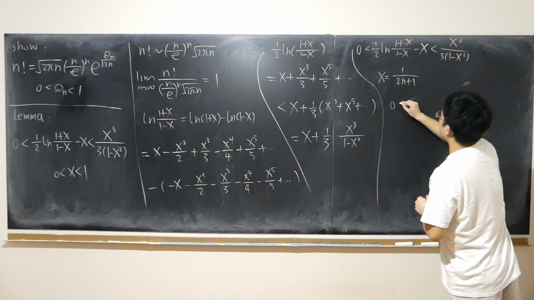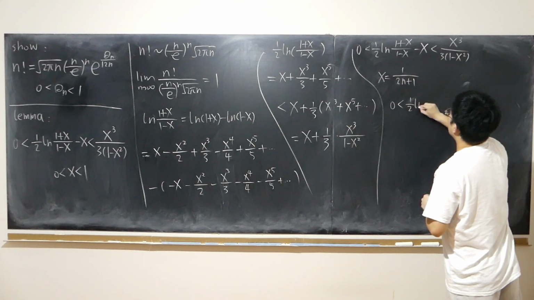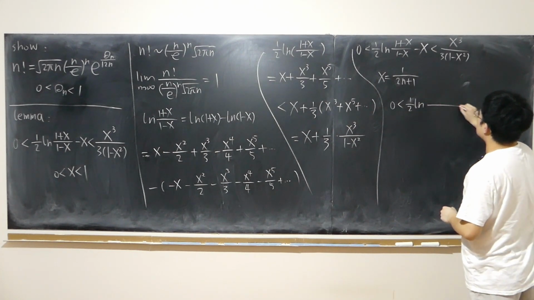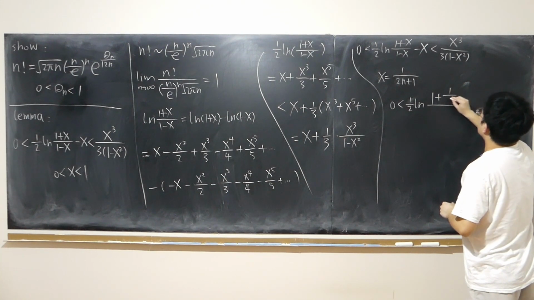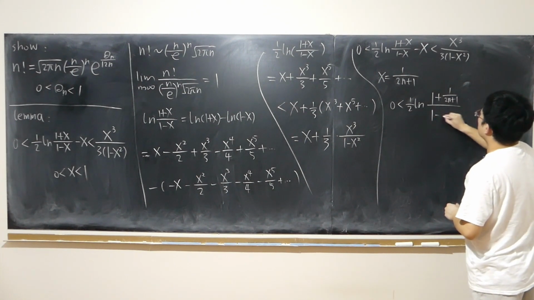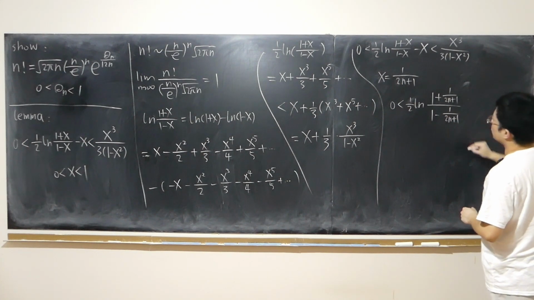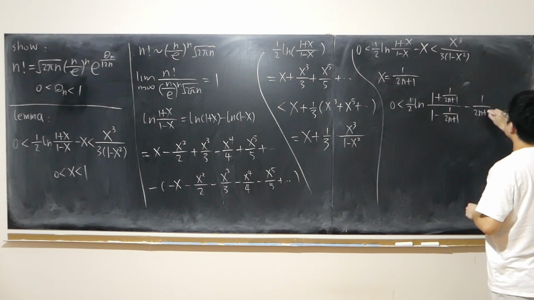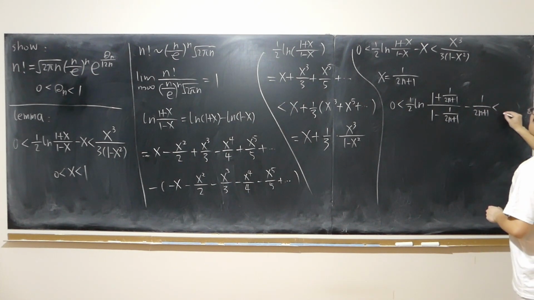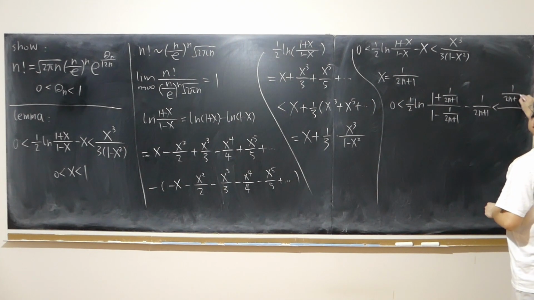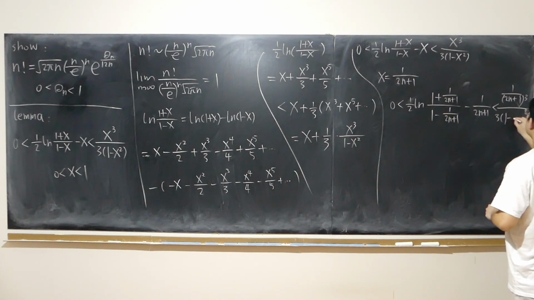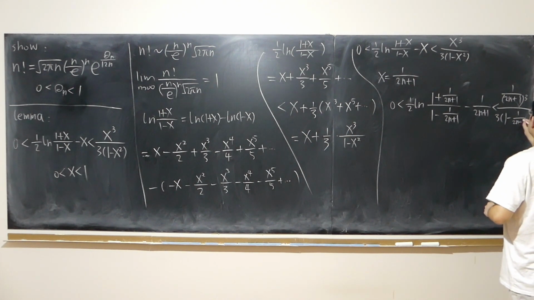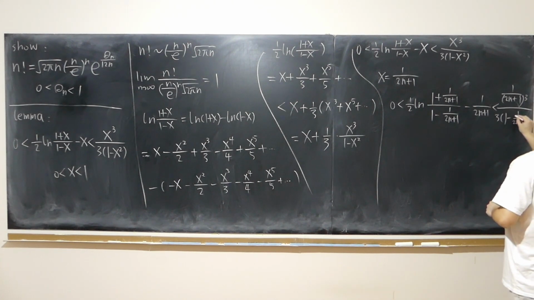So which means this time I have 0 is no larger than half of log of (1 plus 1 over 2n plus 1) over (1 minus 1 over 2n plus 1), minus 1 over 2n plus 1, is less than (1 over 2n plus 1) cubed over 3 times (1 minus (1 over 2n plus 1) squared).